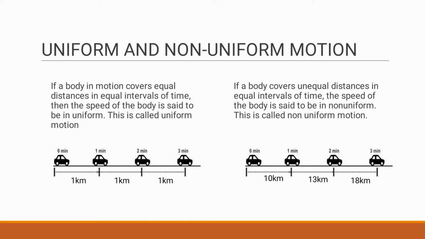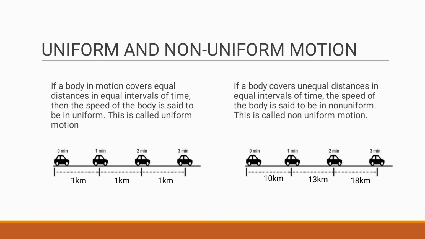Here you can see the example that the car moves 1 km for each minute, that is in 1 minute it completes 1 km and in next minute it covers another 1 km. So in 1 minute 1 km, 2 minutes 2 km and in 3 minutes 3 km. The car travels same distance for every minute. This is called uniform motion.